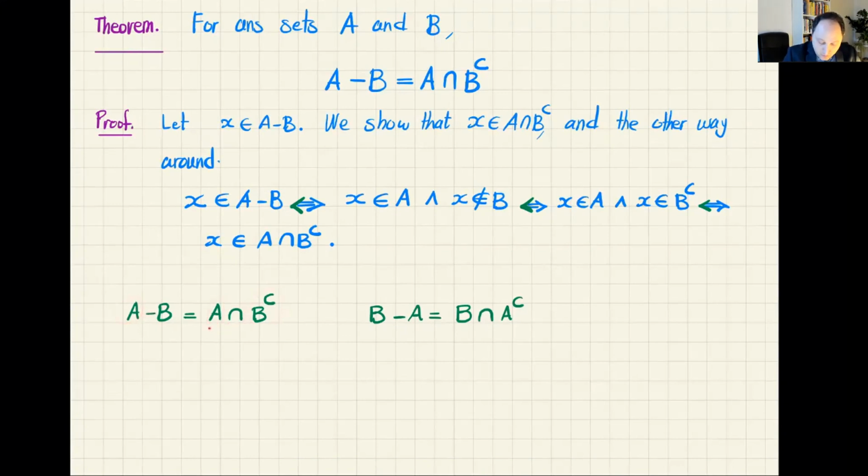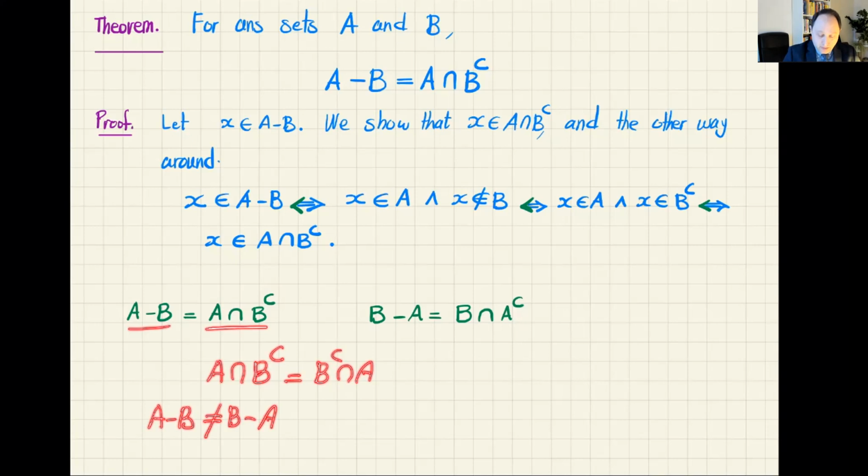Okay, but there is no first set and second set when it comes to intersection, because you know that A intersection B complement and B complement intersection A are exactly the same. Here, it makes sense which one is coming first and which one is coming second, because A minus B and B minus A are not in general equal, yes? But when it comes to intersection, I cannot say which one is first, which one is second, because actually they are the same.